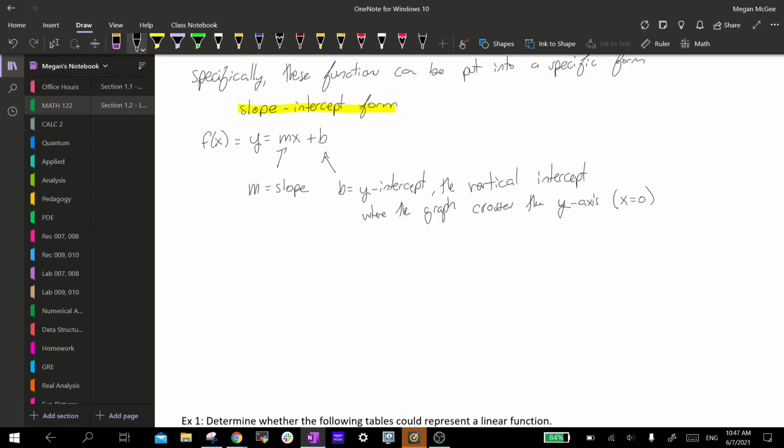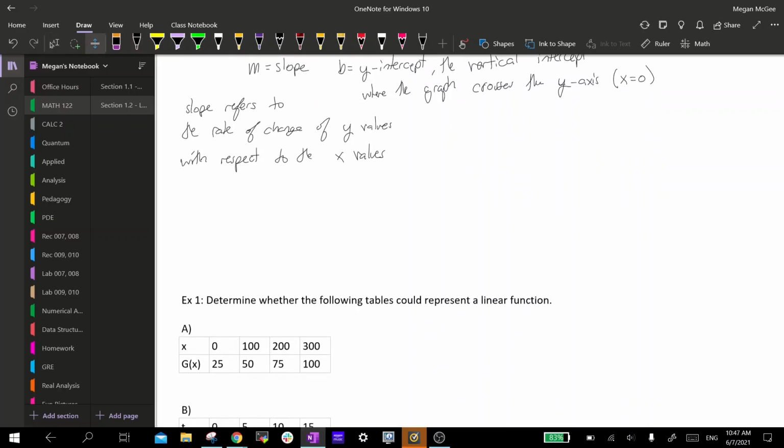Okay. Now the slope refers to the rate of change of the y values with respect to the x values.